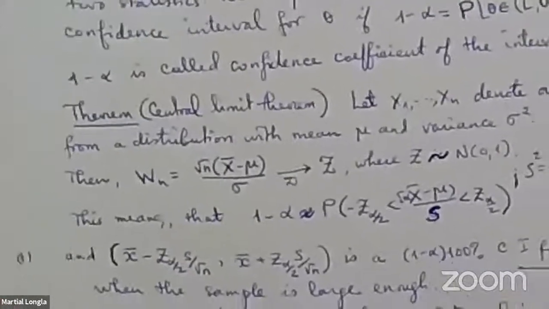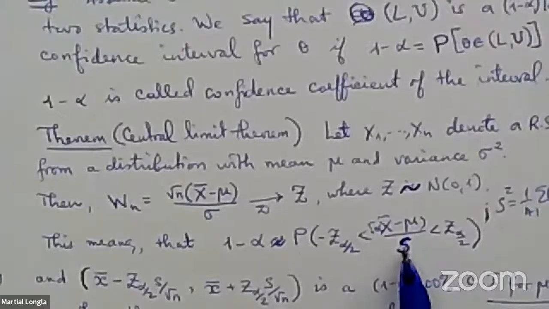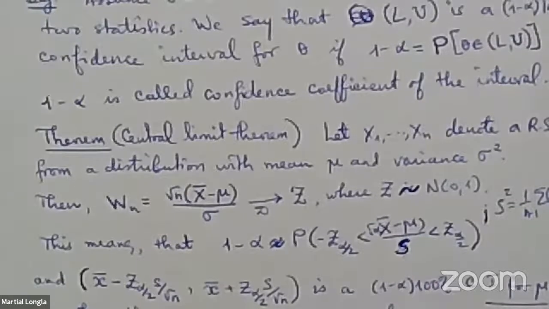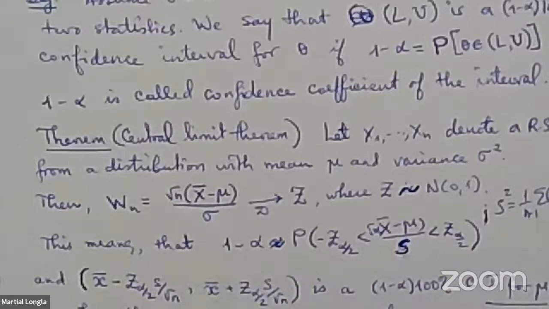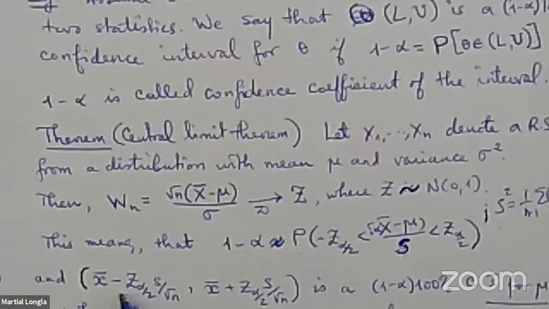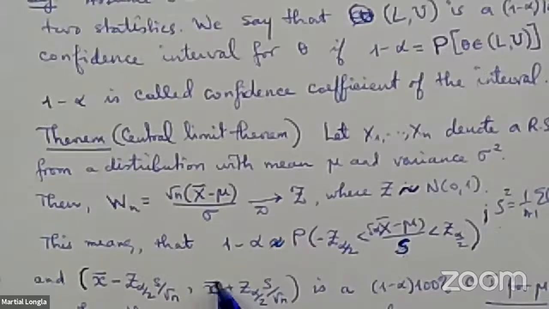And so that's what will replace sigma in this formula. Based on that, we can build the confidence interval as x bar minus z alpha over 2 times s over square root of n, and x bar plus z alpha over 2 times s over square root of n.